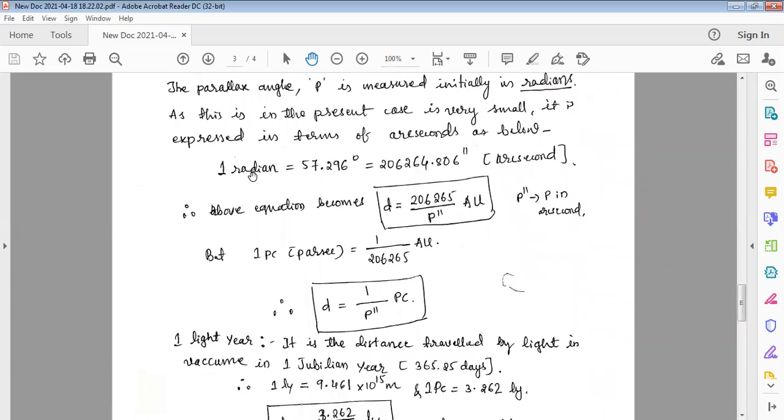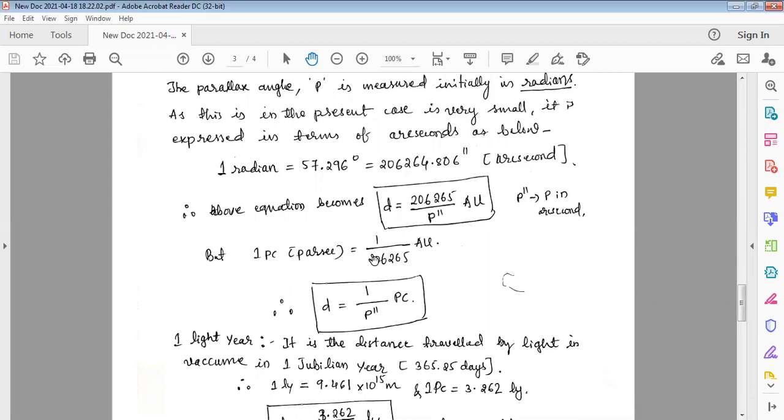So one radian is this many arc seconds. Therefore our equation becomes d is equal to 206265 divided by p double dash astronomical units. The parallax angle is written as p double dash to indicate that it is in terms of arc second.